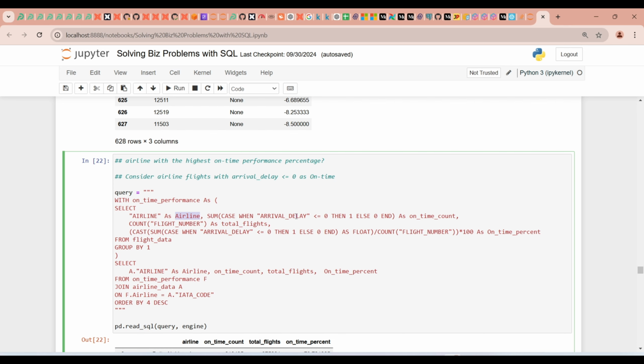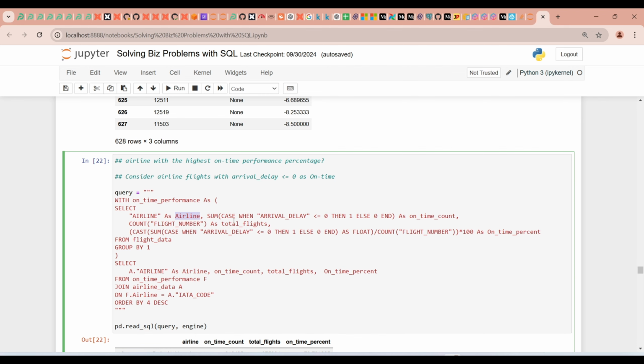Let's say a particular airline had 2,000 flights. Out of those 2,000 flights, how many of them are on time? Then we calculate the percentage by the overall number of flights. That will tell us the number of times they were on time in terms of percentage, right?